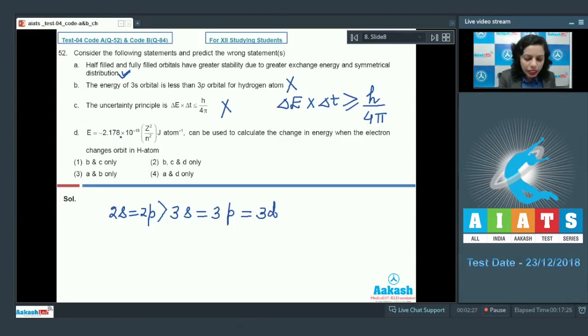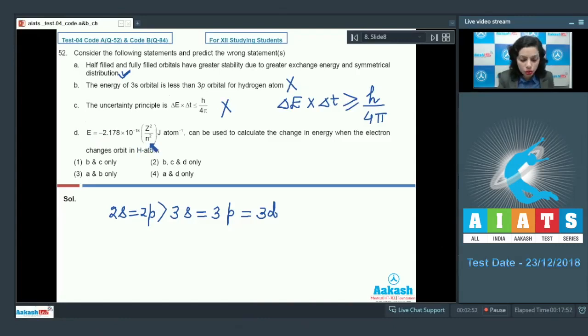Further, E equals minus 2.178 into 10 raised to the power minus 18 Z square by n square joule per atom can be used to calculate the change in energy when the electron changes orbit in hydrogen atom. Yes, this formula can be used because it represents the formula for the calculation of energy of the nth shell.